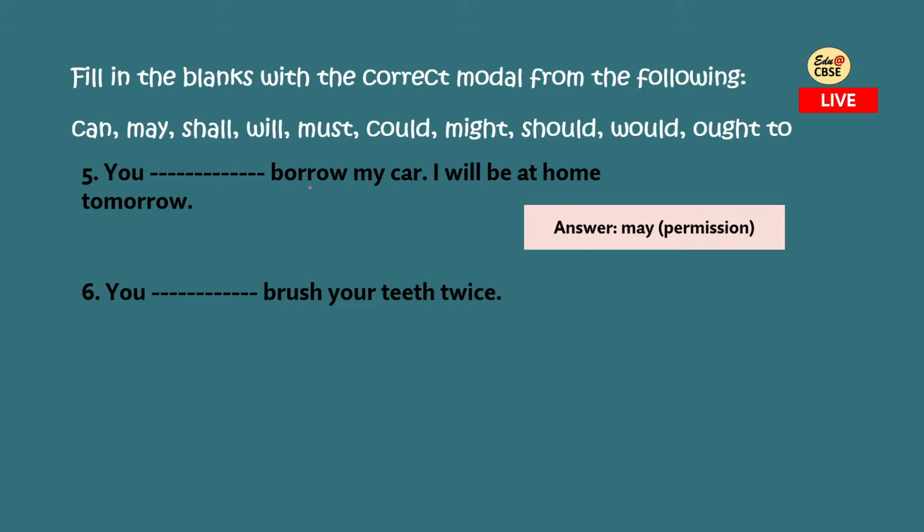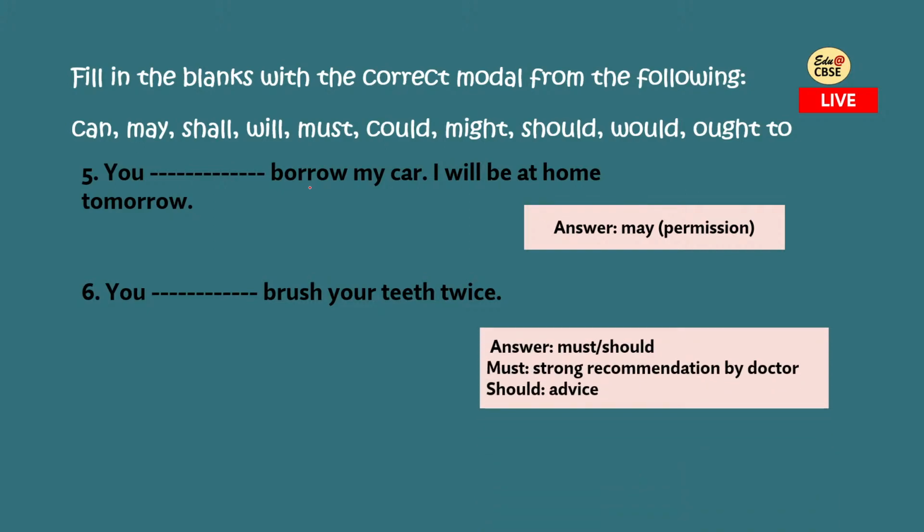Now let's see what is the correct answer. Both in these cases. So must is also correct and should is also correct because the context is not given. Whether it is the necessity, whether it is just an advice, that is not given. So you can write must also and you can write should also. You must brush your teeth twice.